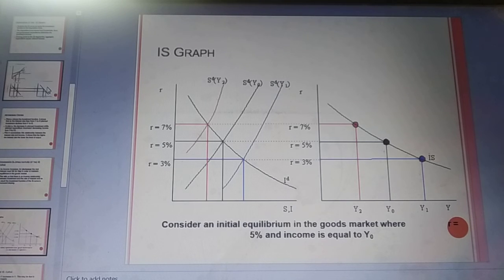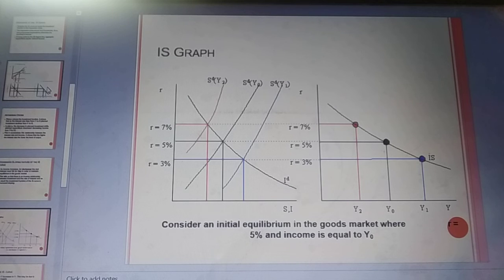And when we meet all these 3 points, we will find our IS curve, that is the investment and saving curve, on the basis of the relationship between the rate of interest and the income level of the people. That means with the increase in the rate of interest, the income of the people will decrease, and with the decrease in the rate of interest, the income of the people will increase.